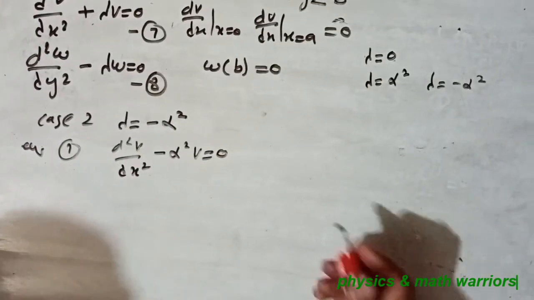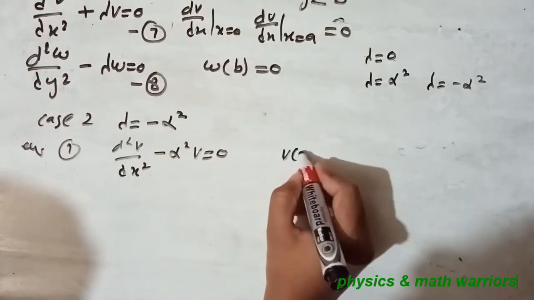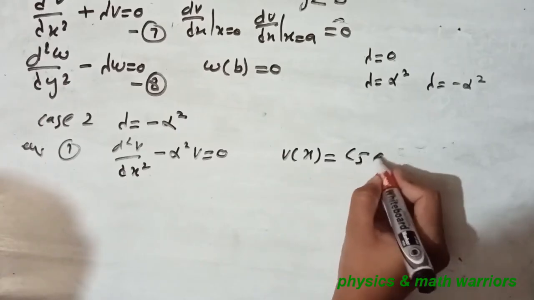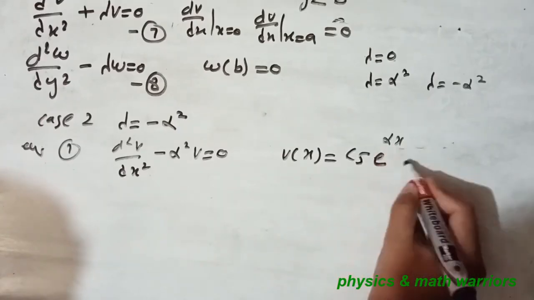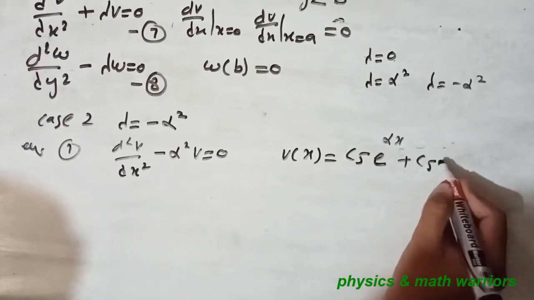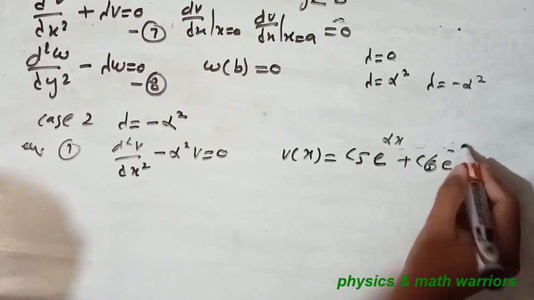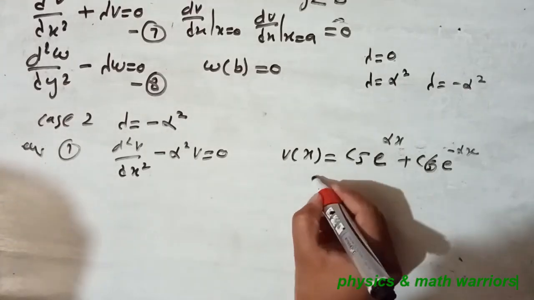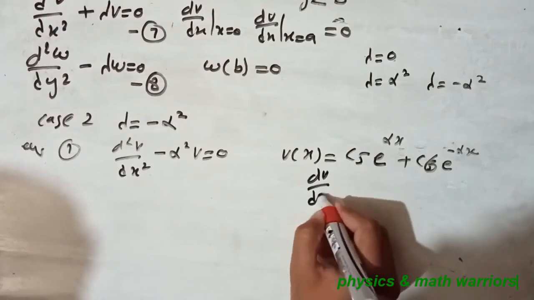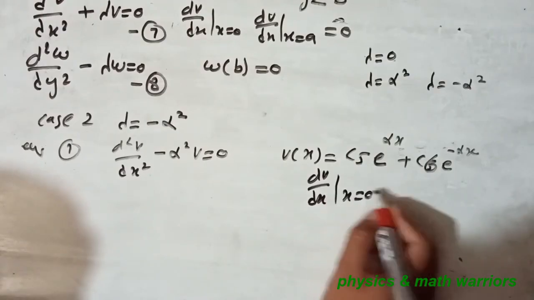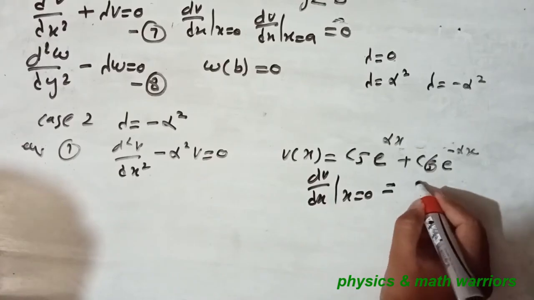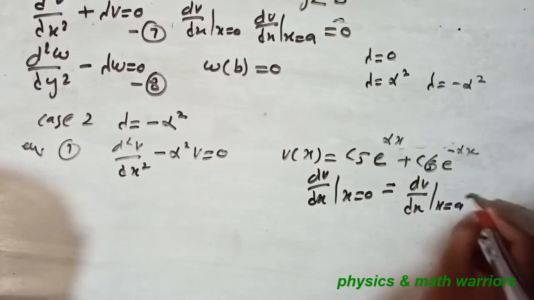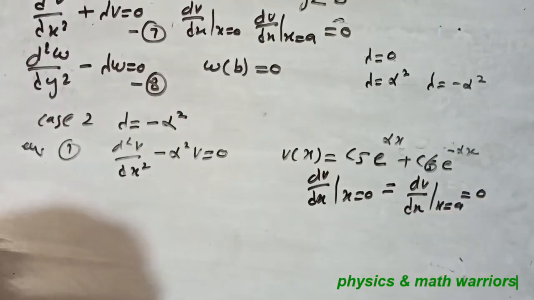And the solution of this equation is v of x is equal to c5 exponent alpha x plus c6 exponent minus alpha x. Now we will use the boundary condition dv over dx at x is equal to 0 is equal to dv over dx at x is equal to a is equal to 0.